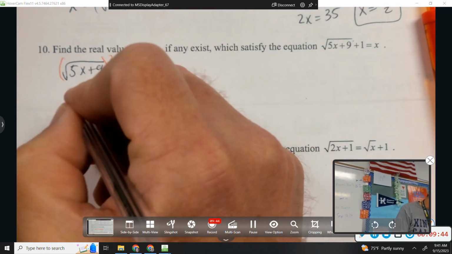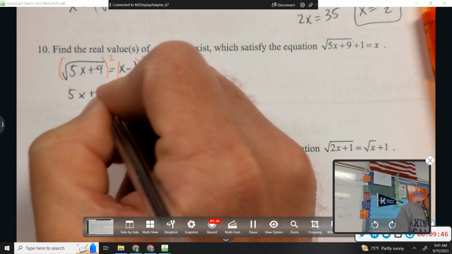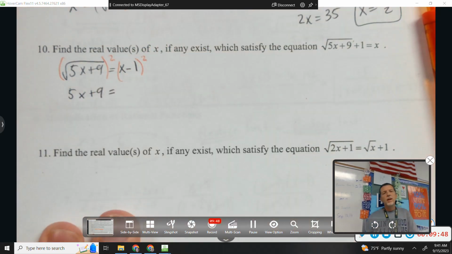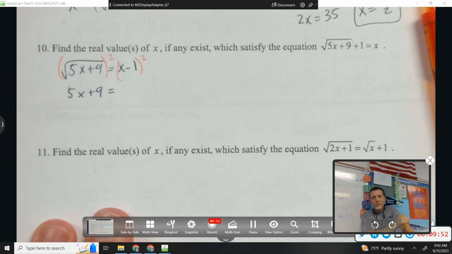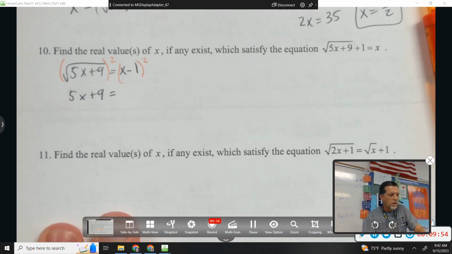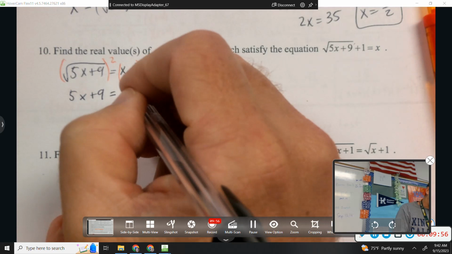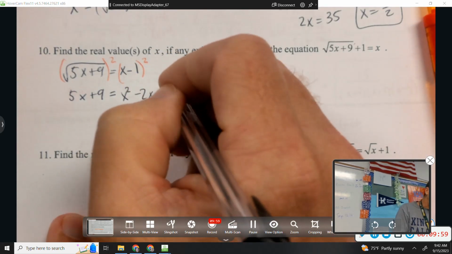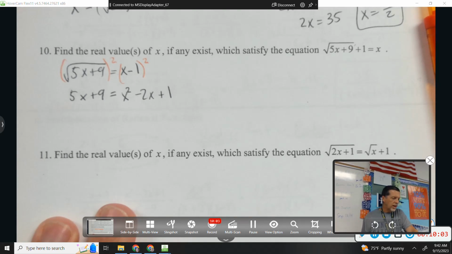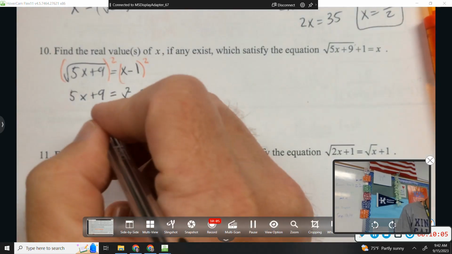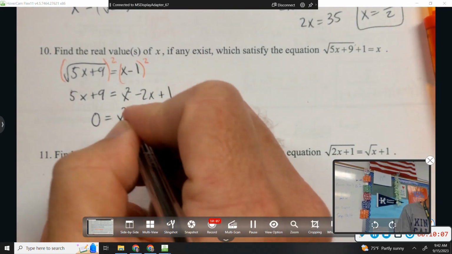So square and square root cancel each other out. What do I have to do on the right-hand side? FOIL, right? That's not just x squared plus 1. It's x squared minus 2x plus 1. So I've got a quadratic. Let's move things around, set it equal to 0 and see what happens.